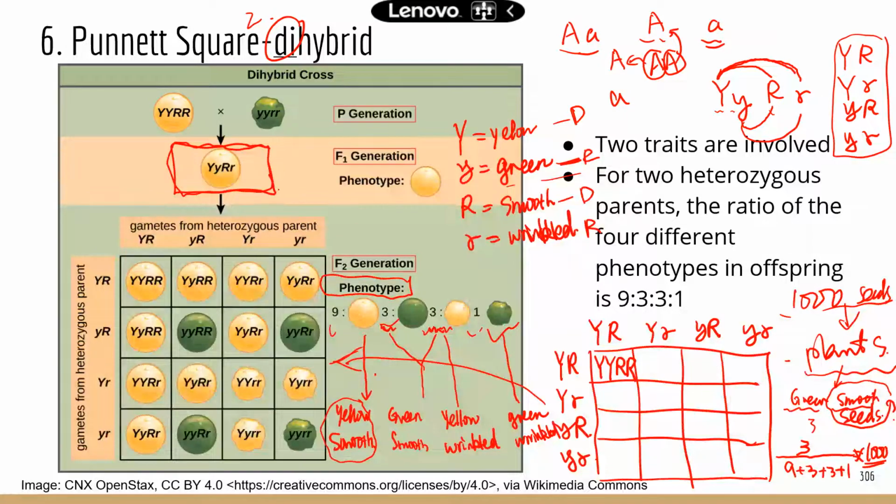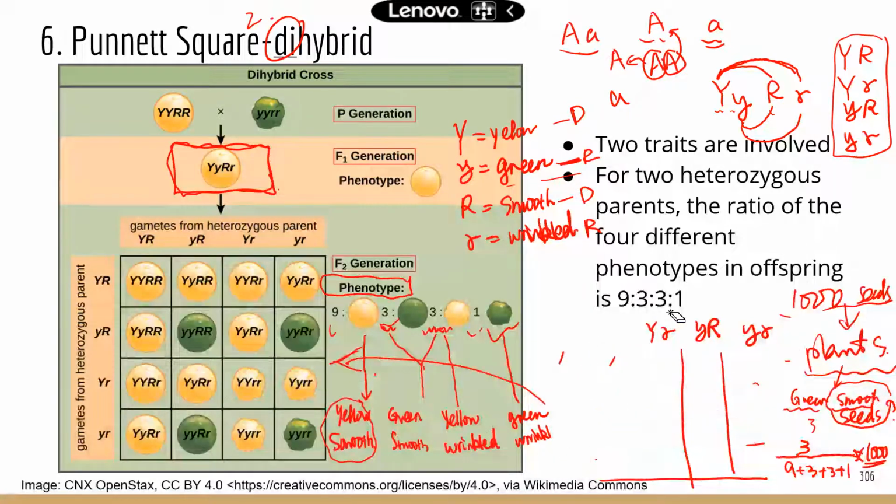That will give you the number of plants within the 1,000 plants that will have smooth and green seeds. If you understand this really well, move on. If you don't, let me find more room and I can repeat what I just said because I didn't have a lot of space to write this out.